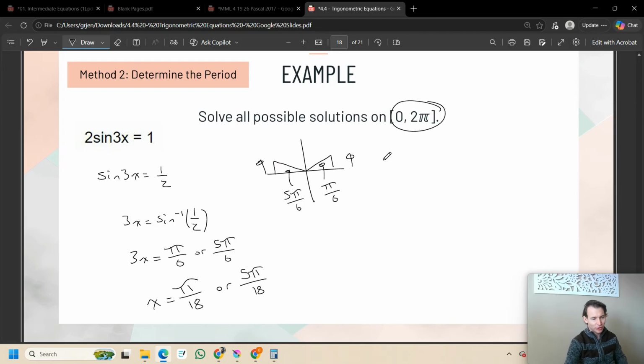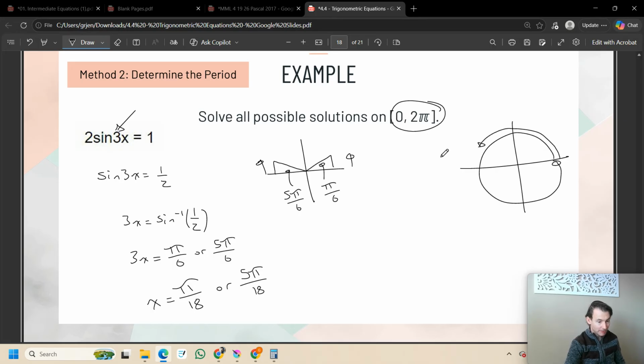Let's see if I learned, okay? Because normally I would add 2 pi, but here I need to add 1/3 of that, okay? Because every time I add 2 pi by 3, when I multiply that by 3, I get 2 pi. It's 2 pi by 3. I was just a little too far there.